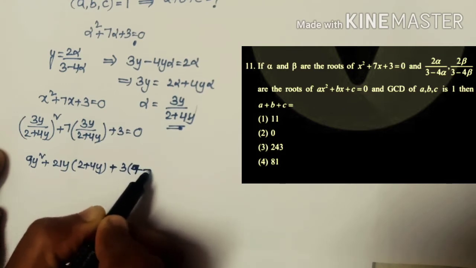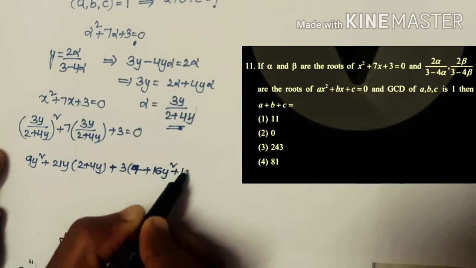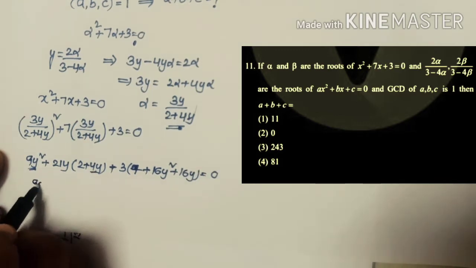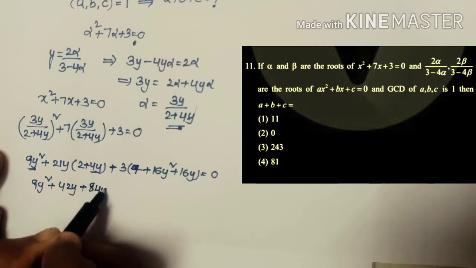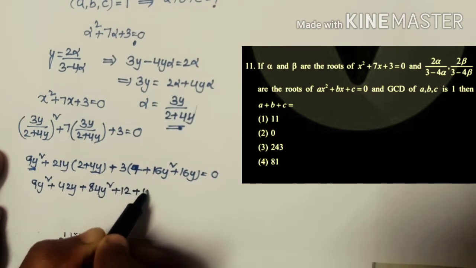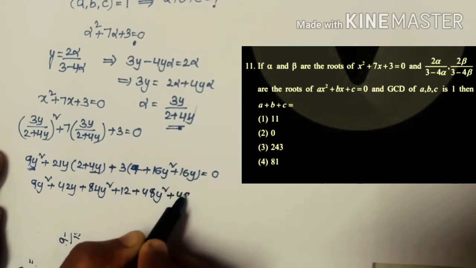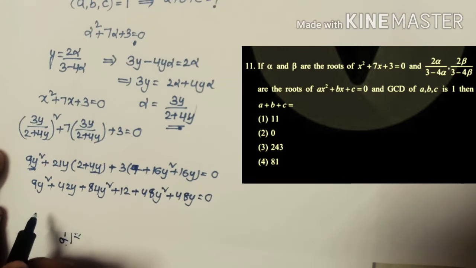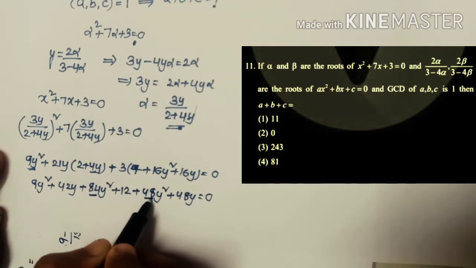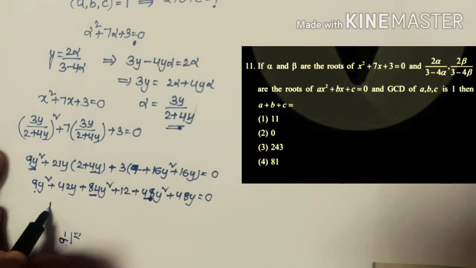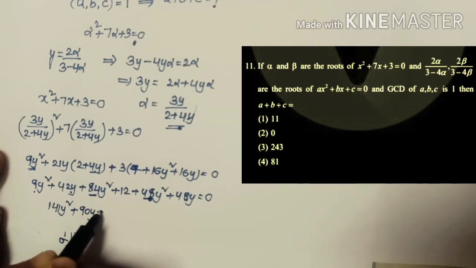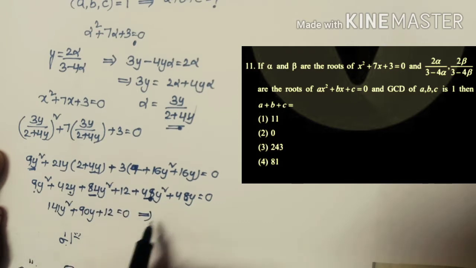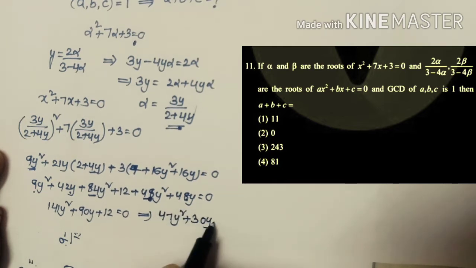By taking the expansion, 4 plus 16y square plus 16y equals to 0. 9y square plus 42y plus 84y square plus 12 plus 48y square plus 48y equals to 0, which implies 84y square plus 48y square is 132, plus 9, 141y square plus 42y plus 48y, 90y plus 12 equals to 0, which implies, after cancellation by 3, 47y square plus 30y plus 4 equals to 0.